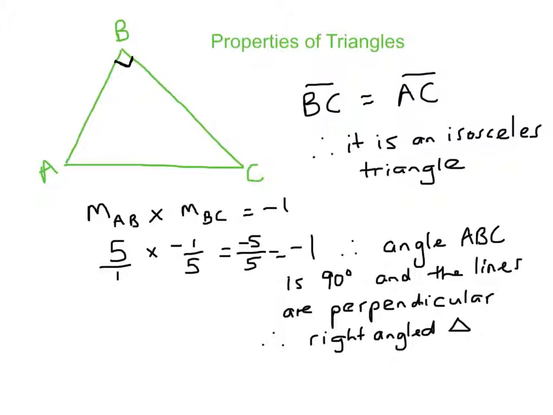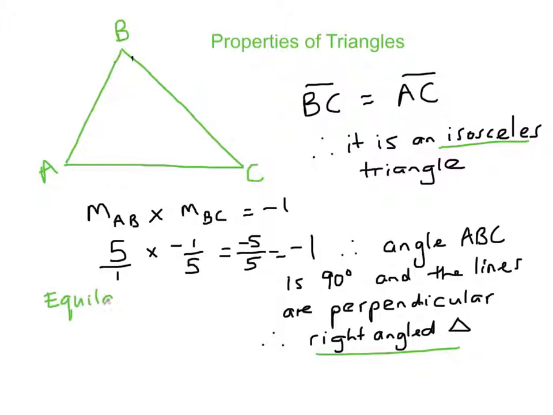Our other kinds of triangles that we can have: an isosceles triangle, a right-angled triangle, an equilateral triangle.